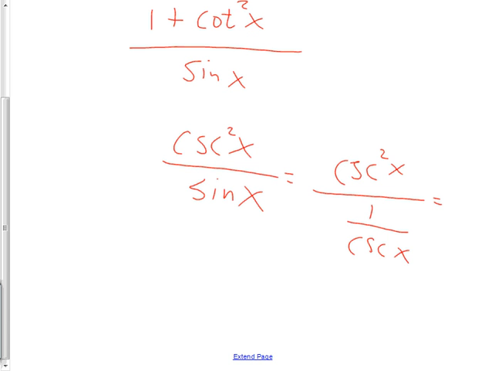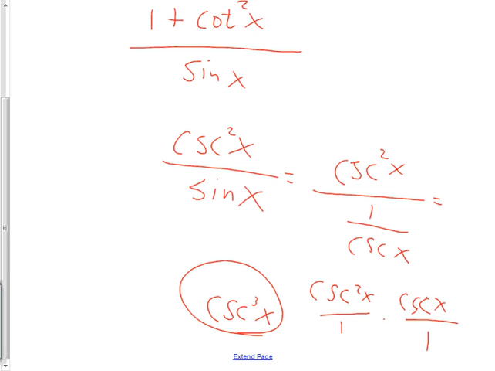And when you flip and multiply it, you'll have cosecant squared over 1 times cosecant over 1, and that makes cosecant cubed. That's fine. Did you get cosecant cubed? It's cosecant cubed. Okay, I don't want to confuse people with the wrong answer.